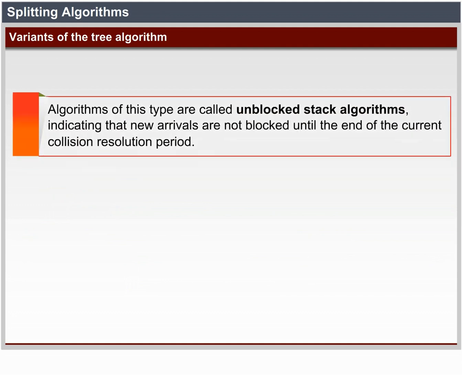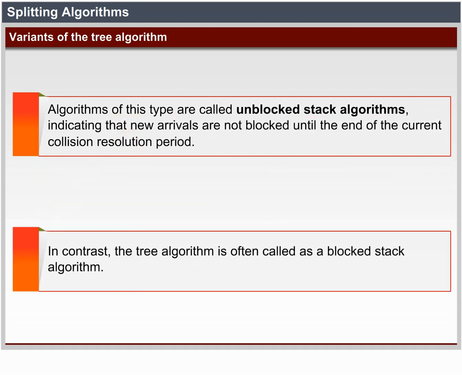Algorithms of this type are called unblocked stack algorithms, indicating that new arrivals are not blocked until the end of the current collision resolution period. In contrast, the tree algorithm is often called a blocked stack algorithm.